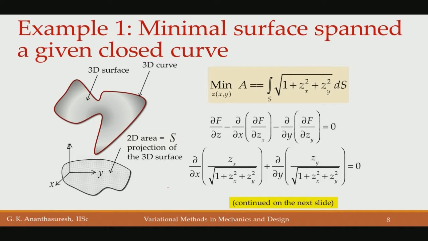Now, let us take an example that illustrates what we have just done, where the integrand should be a function of z, z sub x, z sub y. This is the problem that soap films solve naturally. If you take a loop of wire such as the one here, you should try this experiment at home.